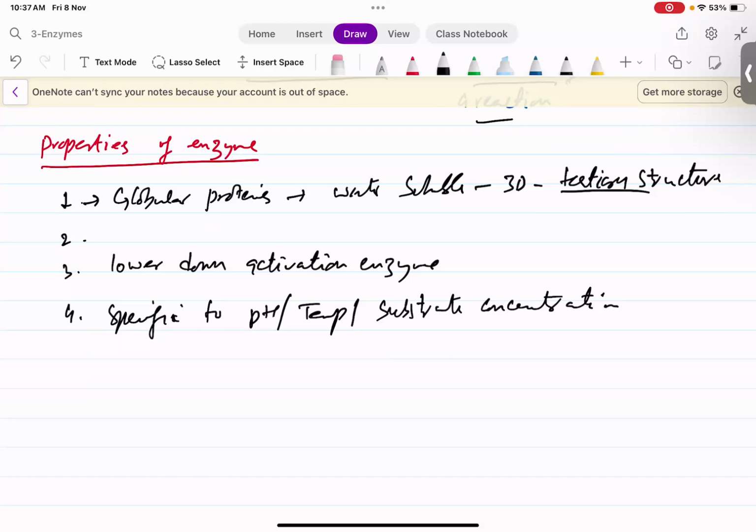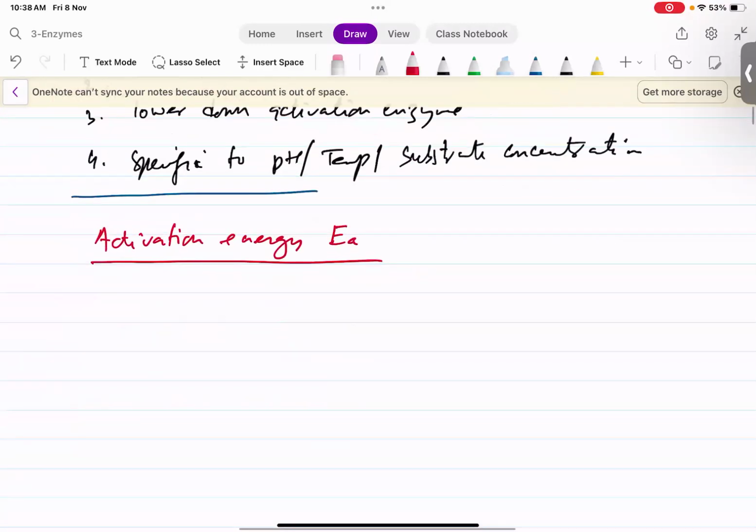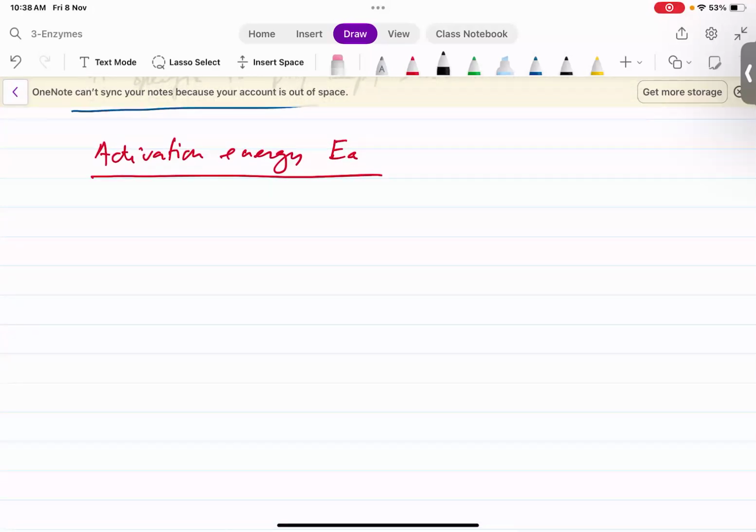Okay, so let's see what activation energy is. EA, energy of activation, or activation energy, both ways we can write it. Every chemical substance has some chemical potential energy, if on this y-axis we plot the energy of different chemical substances.